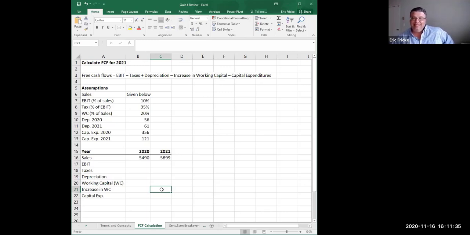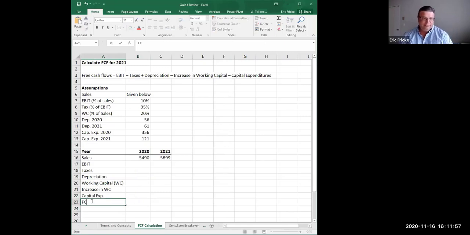And get that increase. And that's the whole reason we're forecasting 2020 on this spreadsheet here, is because we need 2020 working capital to get the increase in working capital for 2021. Even though we're only asked for the free cash flows for 2021.